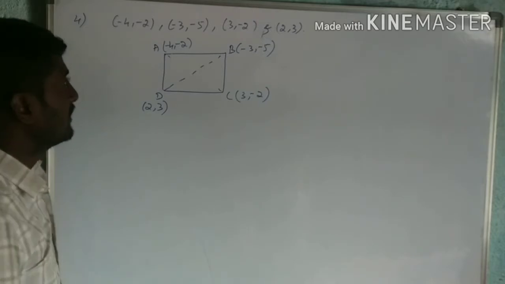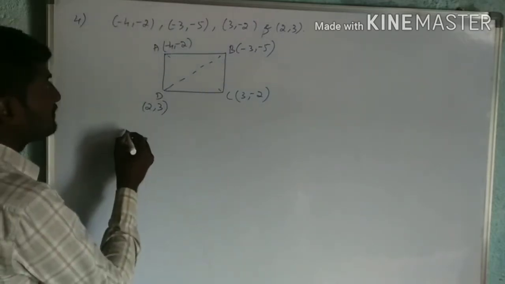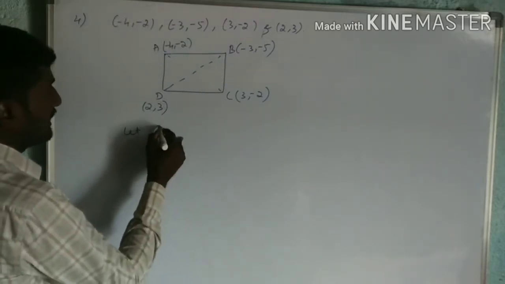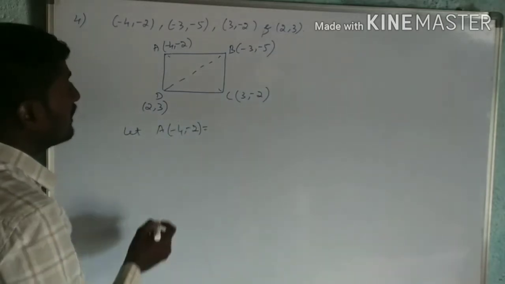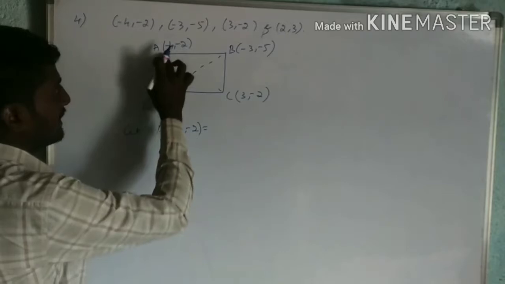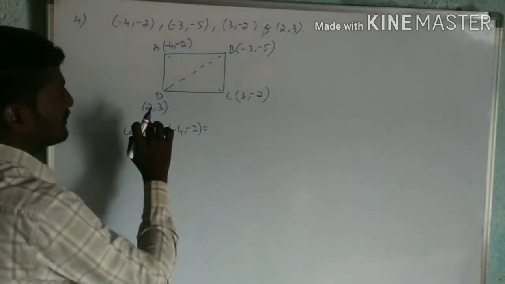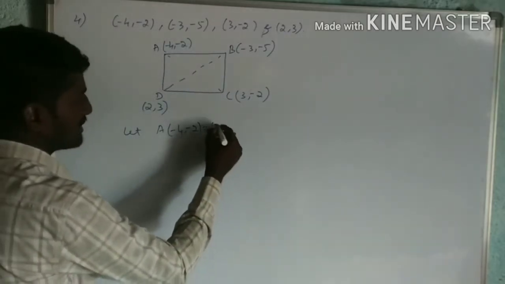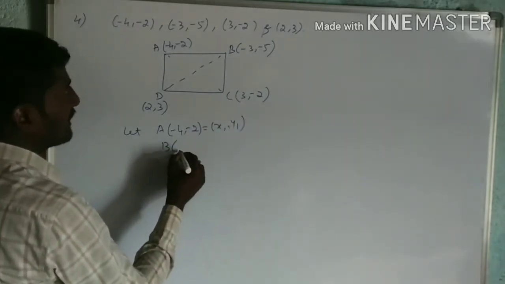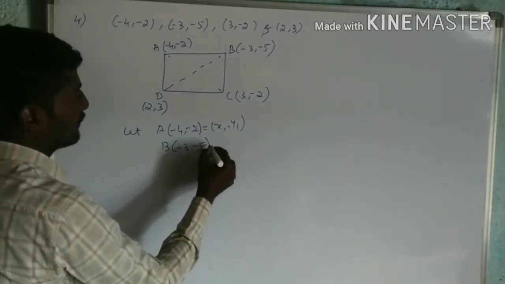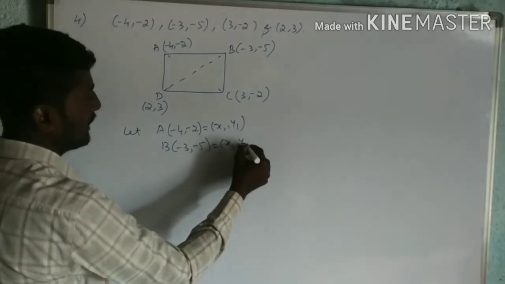Now let us take A as minus 4 comma minus 2. So this I will take as X1 Y1. Then B I will take as minus 3 comma minus 5, X2 comma Y2.